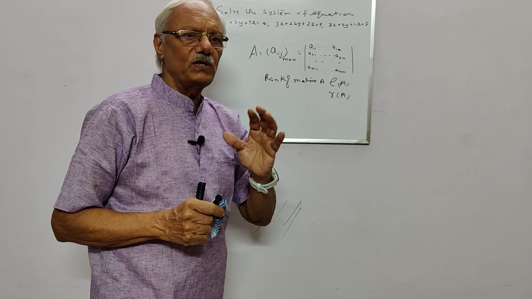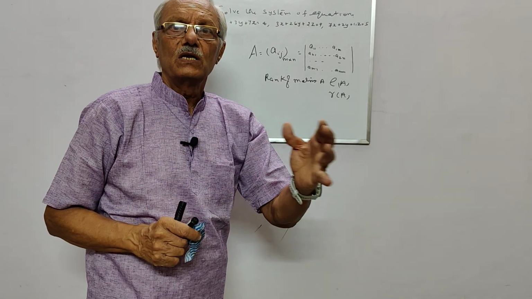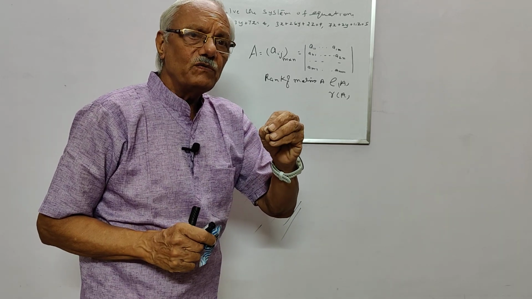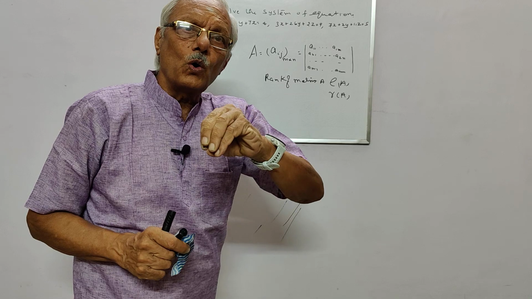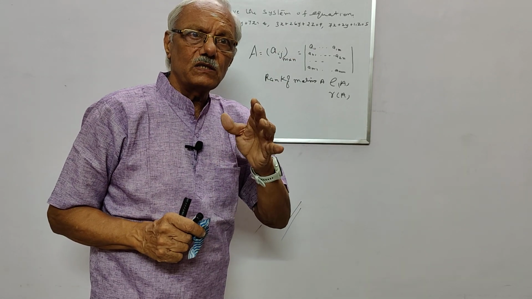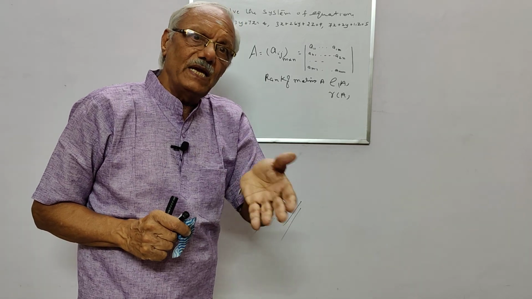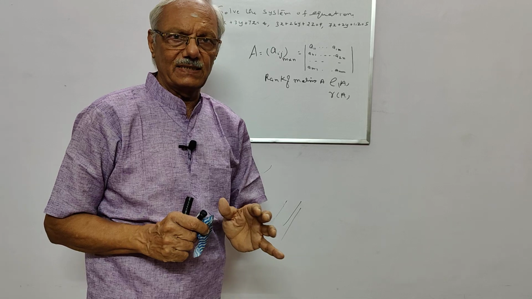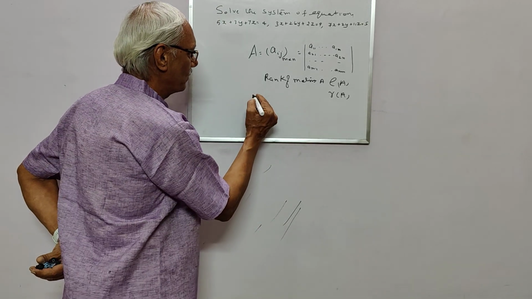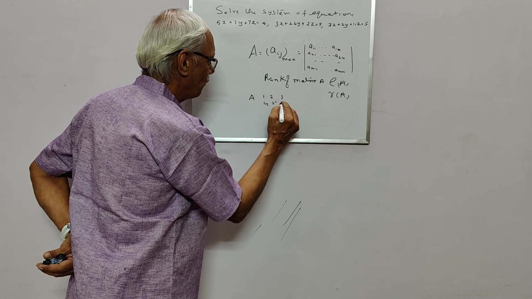Before explaining fully what the rank of a matrix means, I have to necessarily tell about what are called the minors of a matrix. This concept or idea of minors has also been explained in my previous classes. Now suppose that you have got 1, 2, 3, 4, 5, 6.